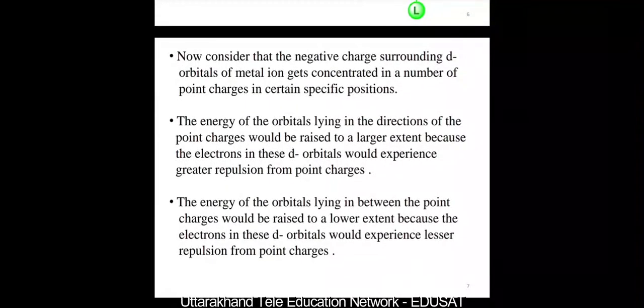Now consider that the negative charge surrounding the d orbitals of the metal ion gets concentrated in a number of point charges in certain specific positions.